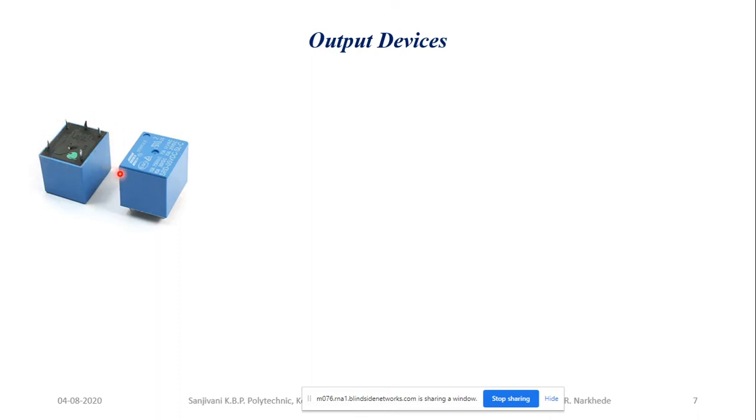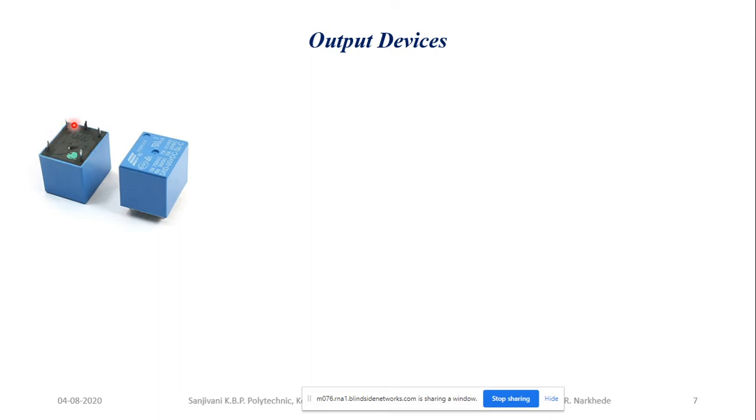These relays can be operated at 3 volt, 5 volt, 6 volt, 9 volt, 12 volt and 24 volt. The relays are available in the market in these ratings, but the most commonly used are 5 volt, 9 volt and 12 volt.